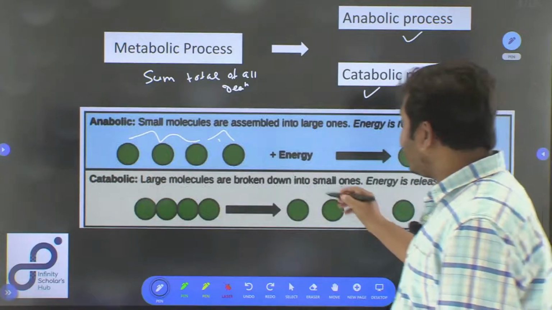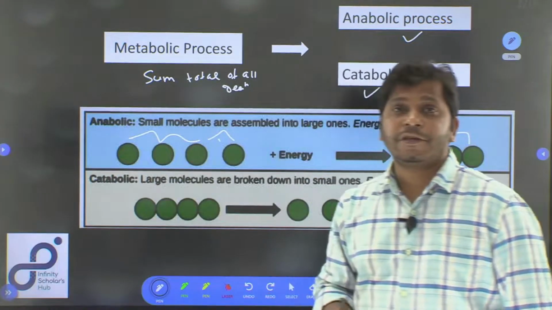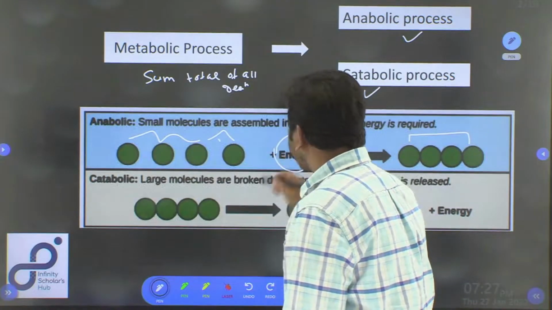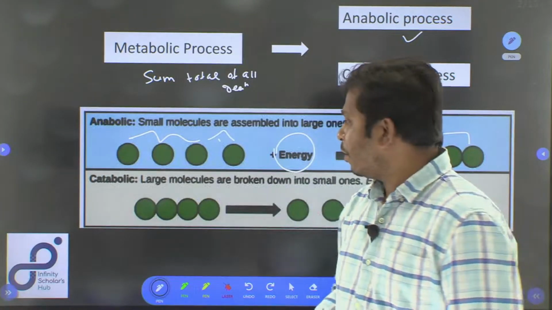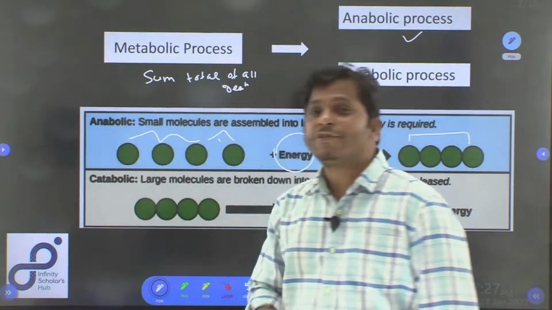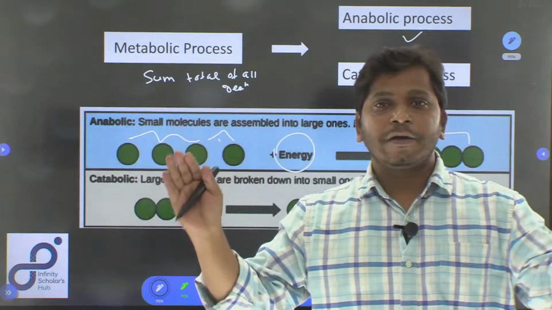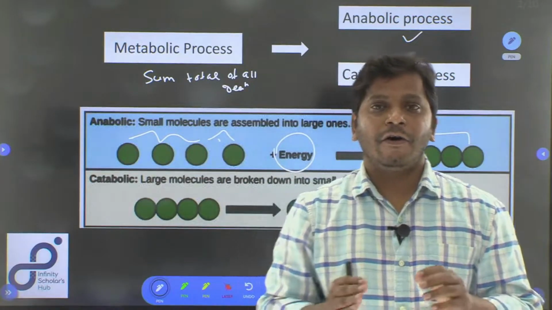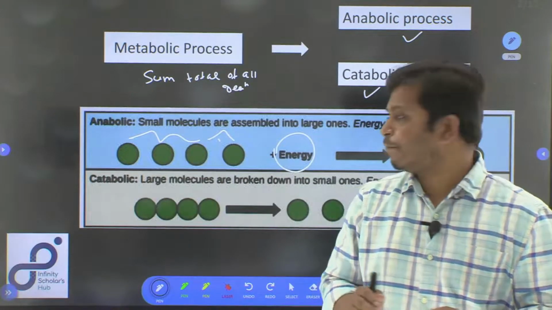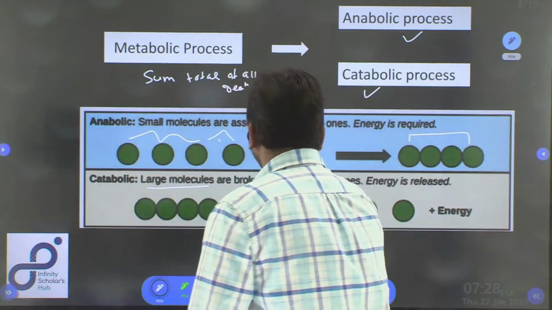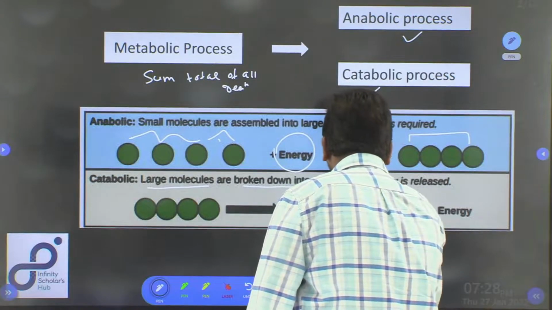One of the most important features of this process is that energy is used in such reactions. Whereas a catabolic step is a destructive step, in which a bigger molecule is cleaved or degraded into smaller pieces. So what happens here? Large molecules are broken down into small ones.